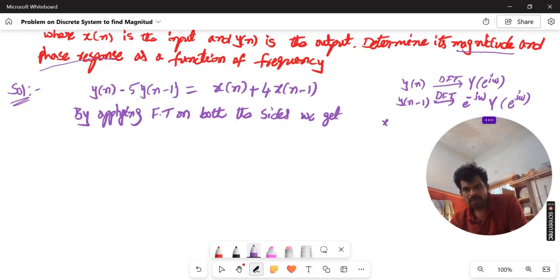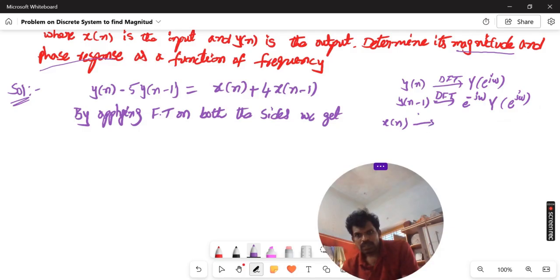Why? Because here we have the minus 1. For x of n, whose discrete Fourier transform is capital X of e power j omega, for x of n minus 1 the discrete Fourier transform is e power minus j omega into capital X of e power j omega.